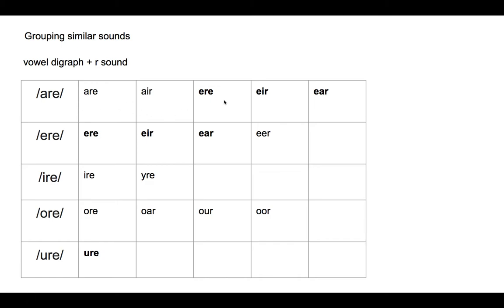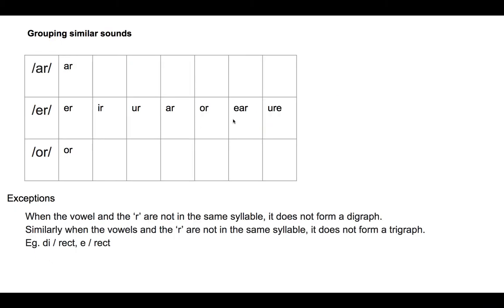So this first row makes the sound air, the second one makes the sound ear, the third one makes the sound ire, the fourth one makes the sound or, and the fifth one makes the sound your. And I have highlighted the trigraphs that have more than one sound. We saw that EAR and URE make another sound, so I have updated these trigraphs in this table.